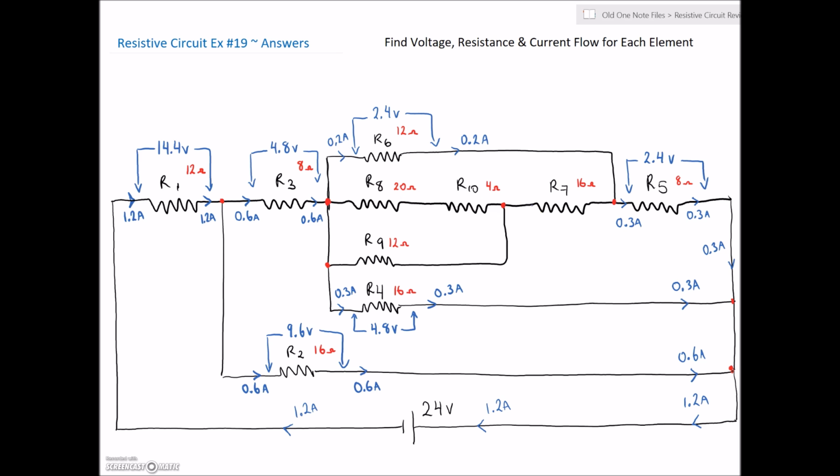And if we add up R8, R10, and R7, we got 24 plus another 16. That gives us 40 ohms. And if we take the 2.4 divided by that 40 ohms, that's going to give us 0.06 amps flowing in that portion of the circuit.